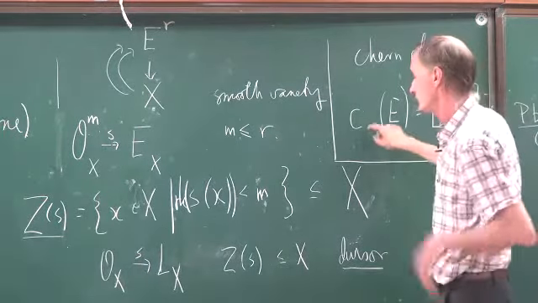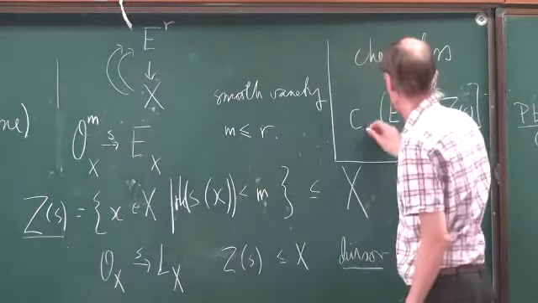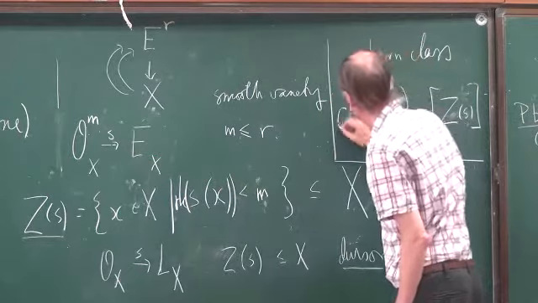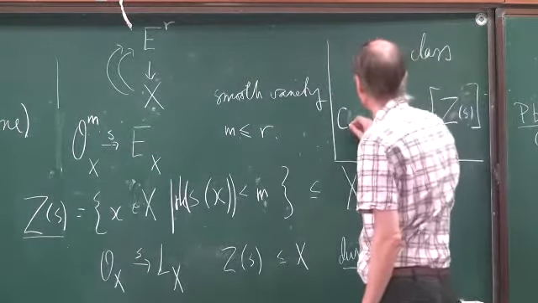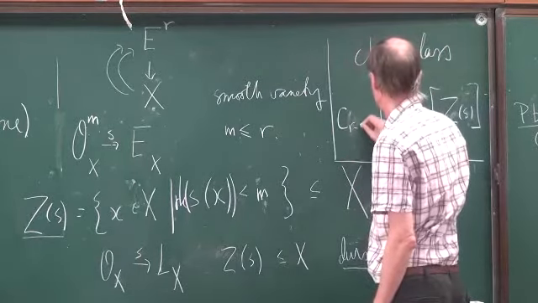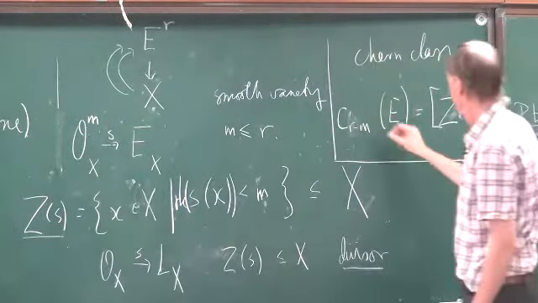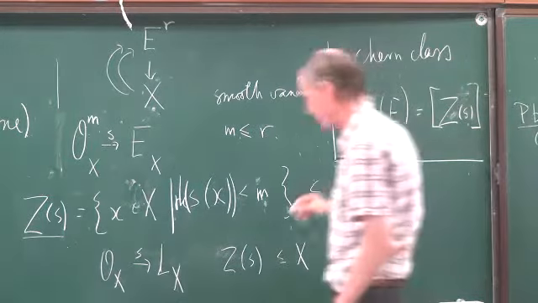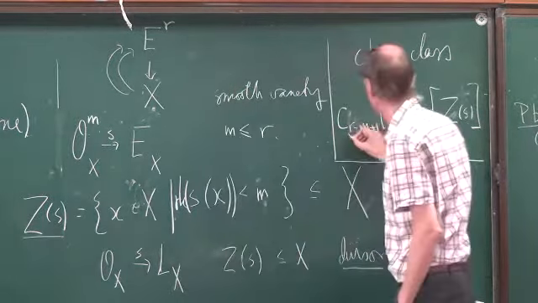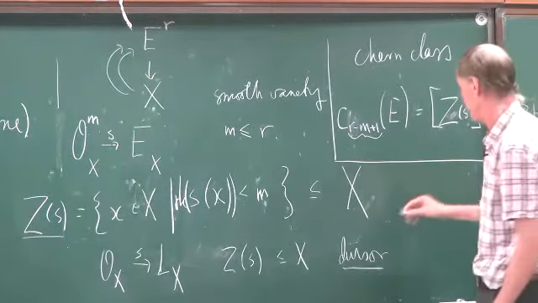And I want this to be c_{r-m+1}. I think that's the right one. Yes, r minus m plus 1. So this here is the codimension of Z.